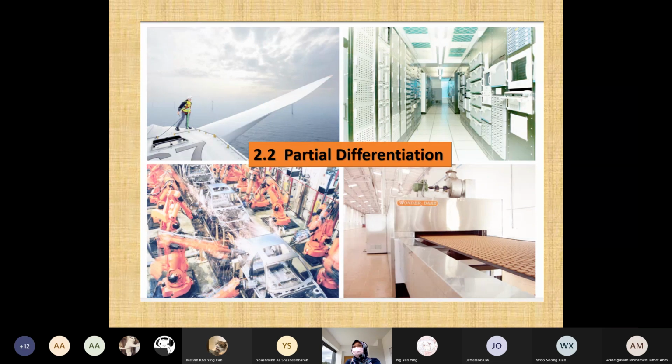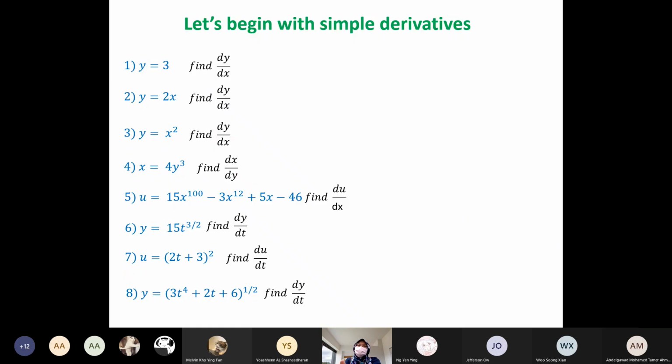So let's continue to partial differentiation. How do we calculate partial differentiation and what are the fundamentals behind it? Let's start with the simple derivative first.